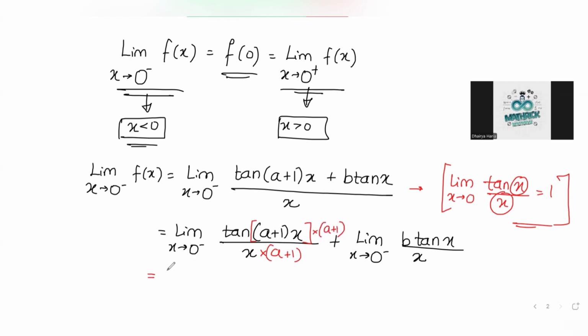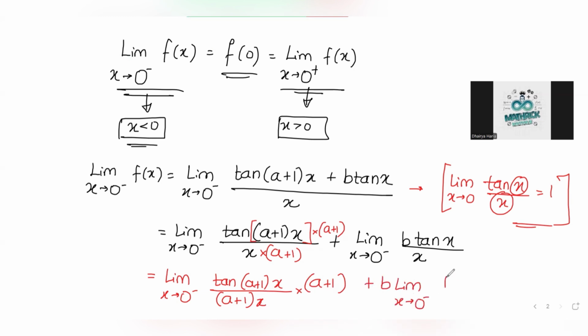So what I get is the limit as x tends to 0 minus of tan of (a plus 1)x divided by (a plus 1)x, into a plus 1 as it is, plus b, which I take out, times the limit as x tends to 0 minus of tan x over x.